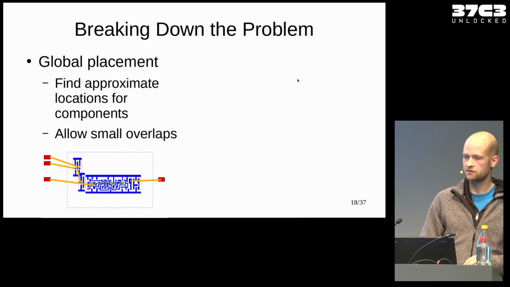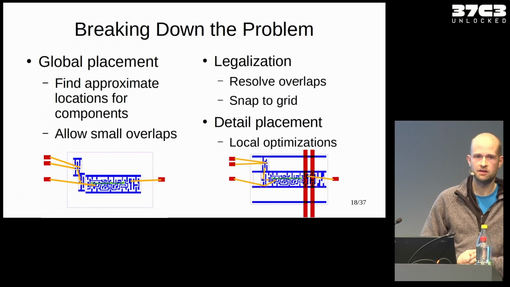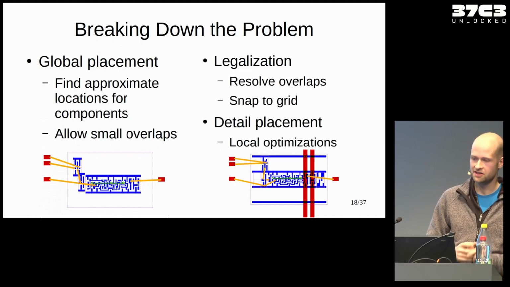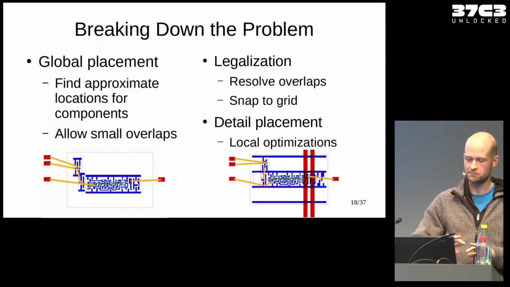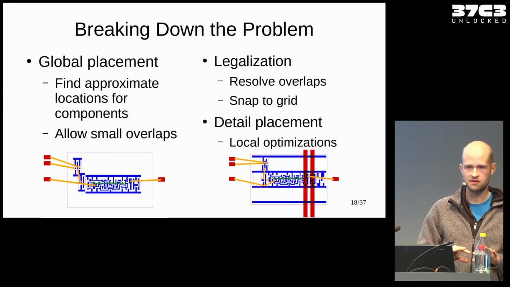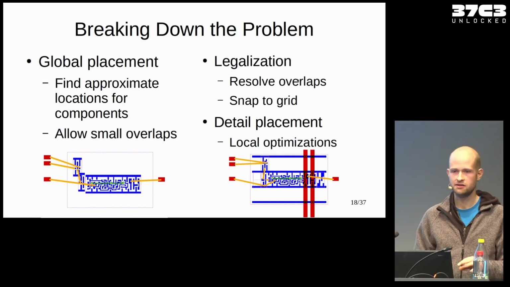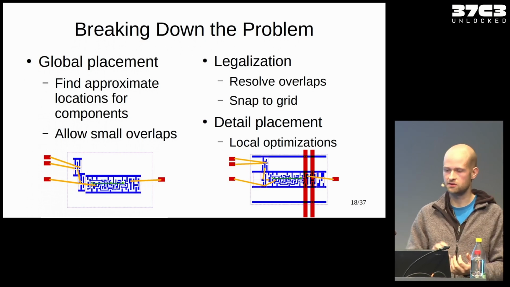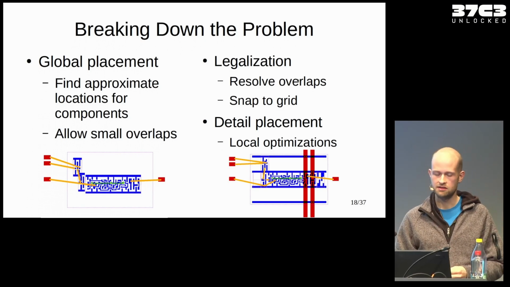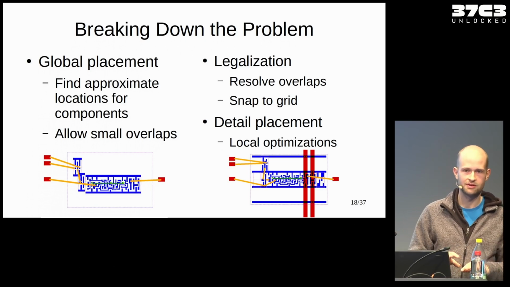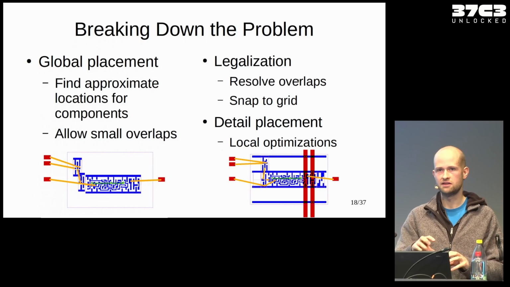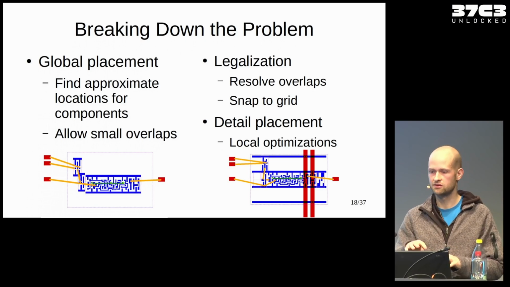And then once you have this, you can go into something that people call legalization. So you try to snap those cells to legal positions. Usually you have a grid. For instance, those are given by the structure of the power grid. You need to snap the cells there. And then you can also do some smaller optimizations, like flipping or rotating the cells in a way that simplifies, for instance, the routing or shortens the wire length.